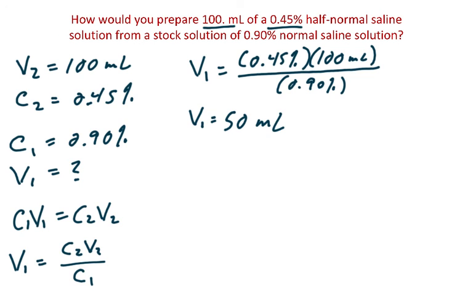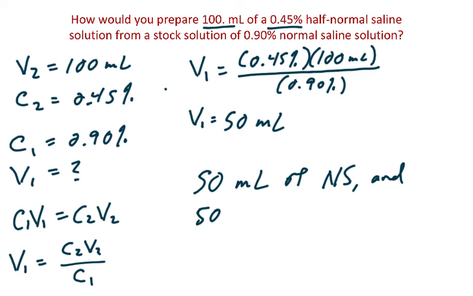So we'd have 50 milliliters of normal saline and 50 milliliters of water, right? So we would have a total of 100 milliliter solution, diluted by a factor of 2 from normal.